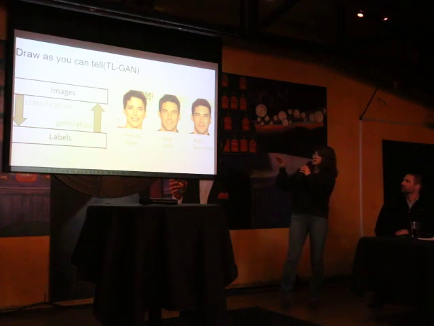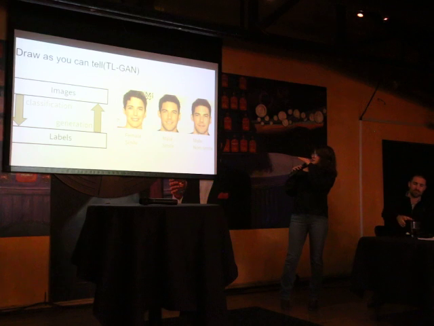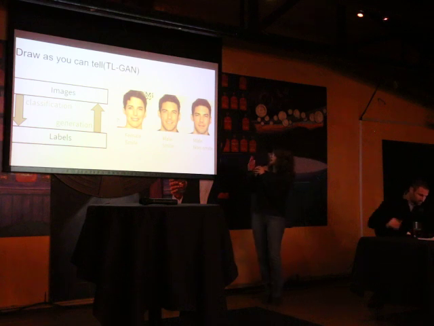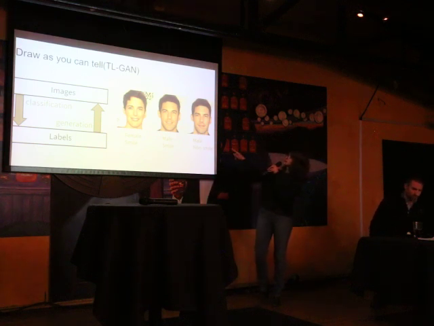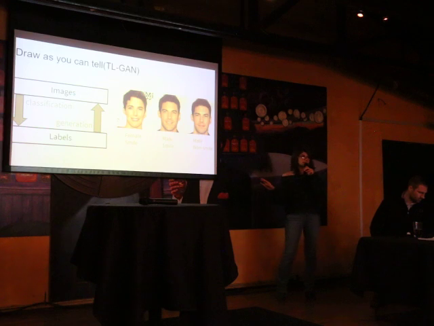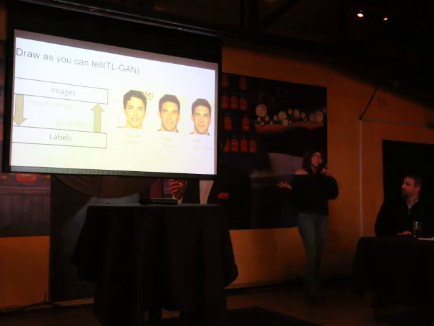In classification, you have images and you want to label those images. But in TLGAN, you say, I want a female who smiles, so give me a picture of a female who smiles. All of those images that you see are just synthetic images, and they are not real persons.